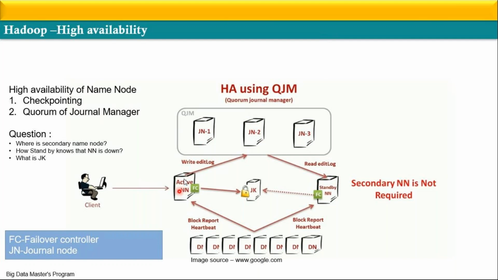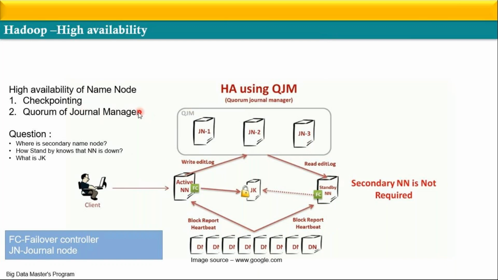Now if the active name node is down, then the standby name node, not secondary, comes into the picture, and it is able to read this data from the quorum of journal managers. It has all the track of activities performed by the active name node. It takes the responsibility and then aligns all the data nodes to perform the tasks.